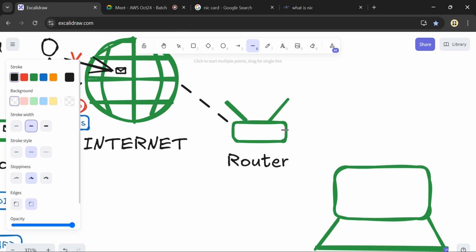send the message to your machine. Let's say you have connected your laptop to this router, and this will be connected via the NIC card, right? That is what we have already discussed.